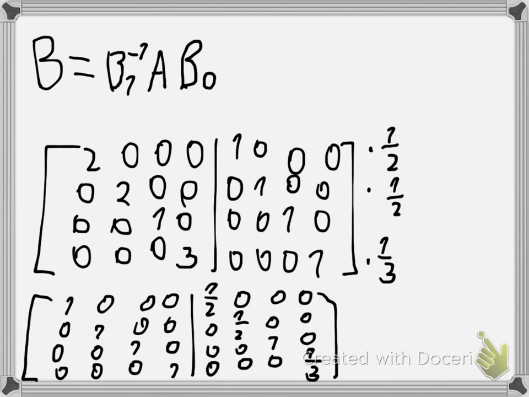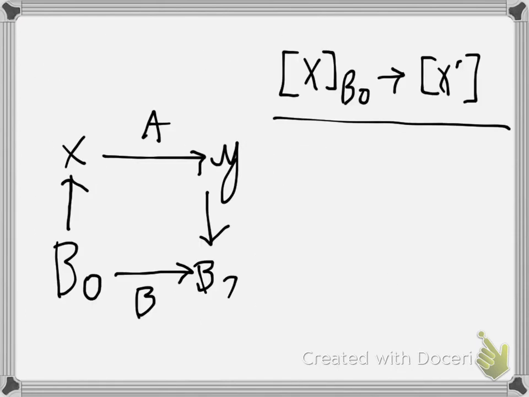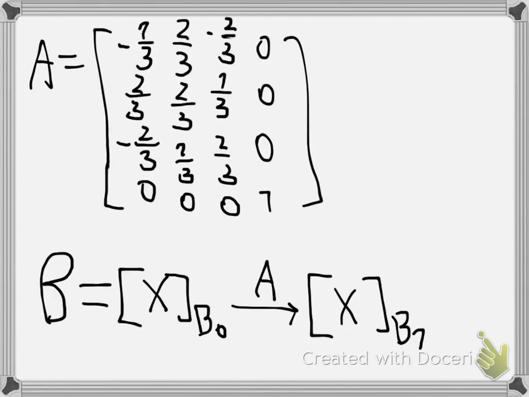Now remember, we find B is equal to B1 inverse A B0. But remember, you go from right to left, because it's matrix multiplication. We know B0, the matrix that contains the vectors in the old basis.